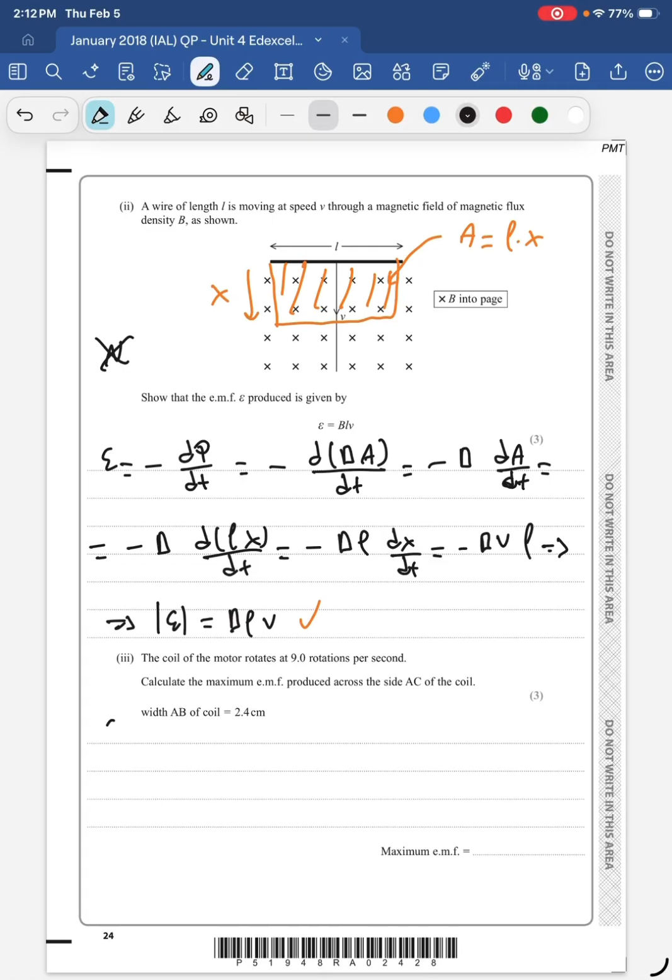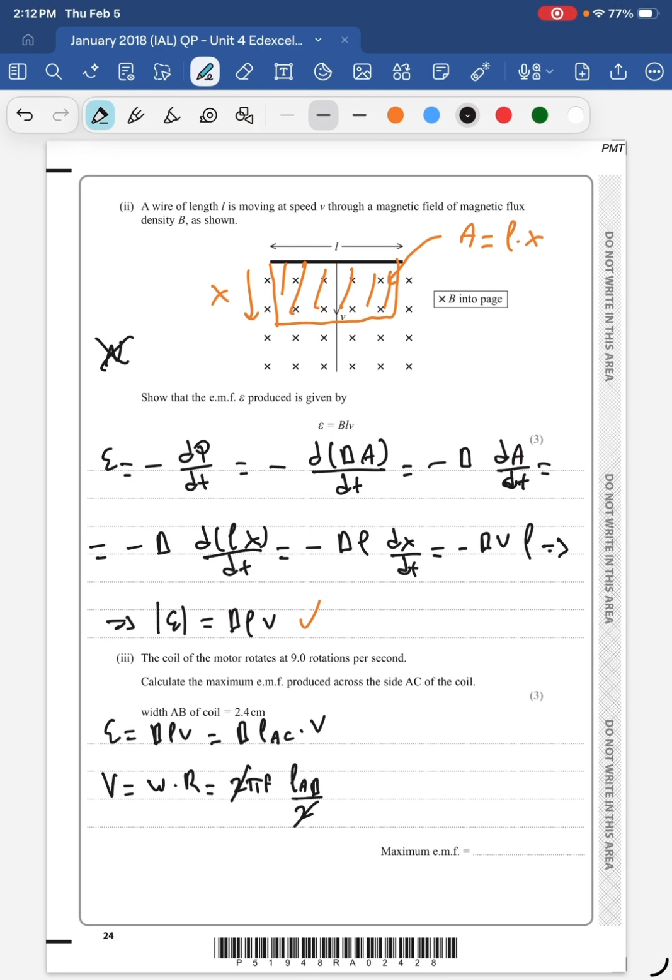So E is BLV, and by L we need the length of the side AC, times V, but V is omega times R. Omega is 2 pi F, and then R is the length of the side AB over 2.